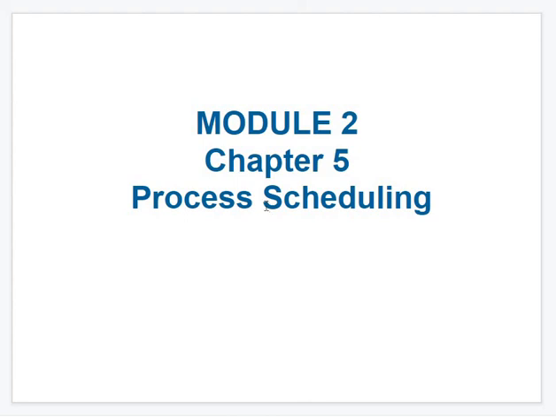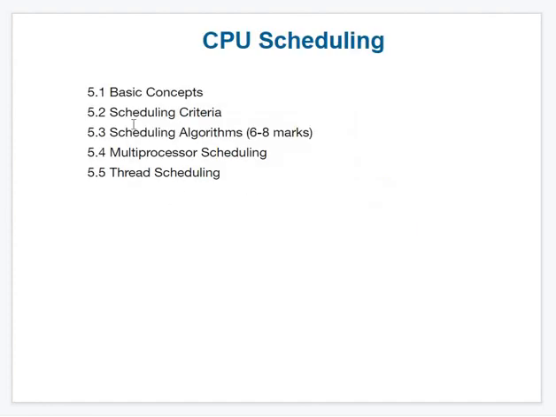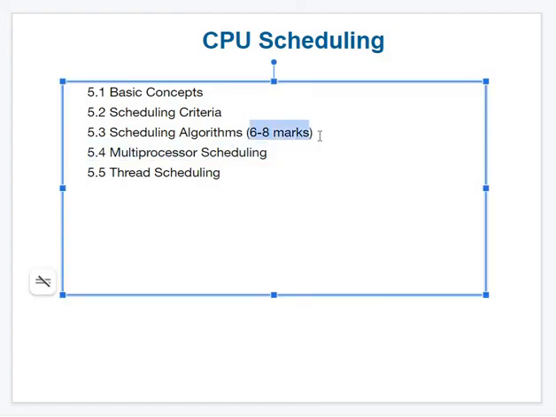This chapter consists of five concepts, five subheadings: basic concepts, scheduling criteria, scheduling algorithms, multiprocessor scheduling, and the last one is thread scheduling. Among the five, there is one very important concept called scheduling algorithms, where we will get 4 to 5 different sub concepts.